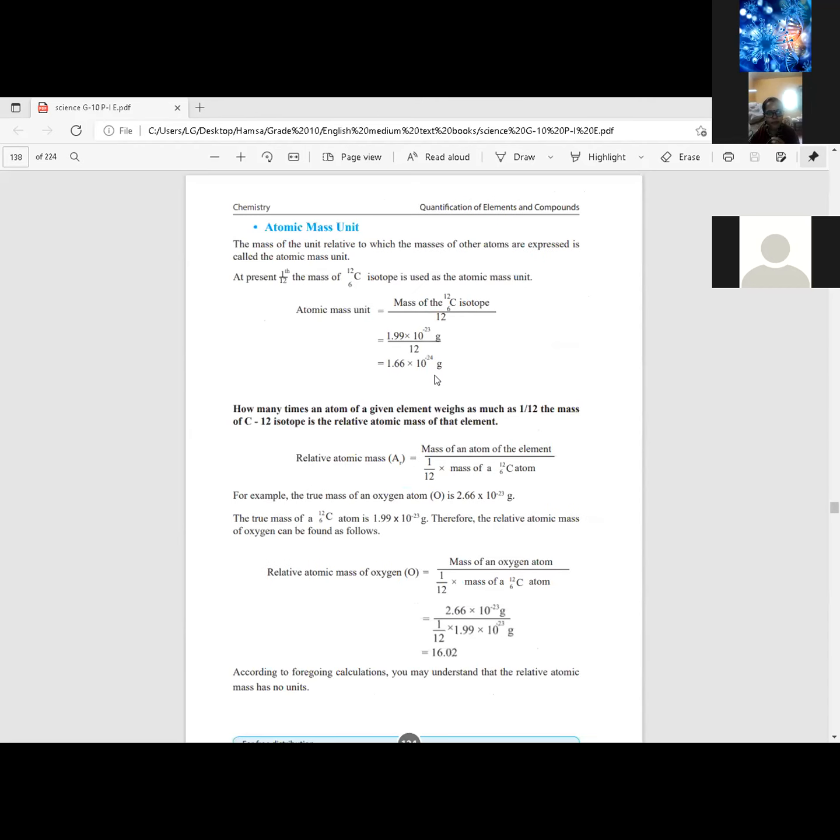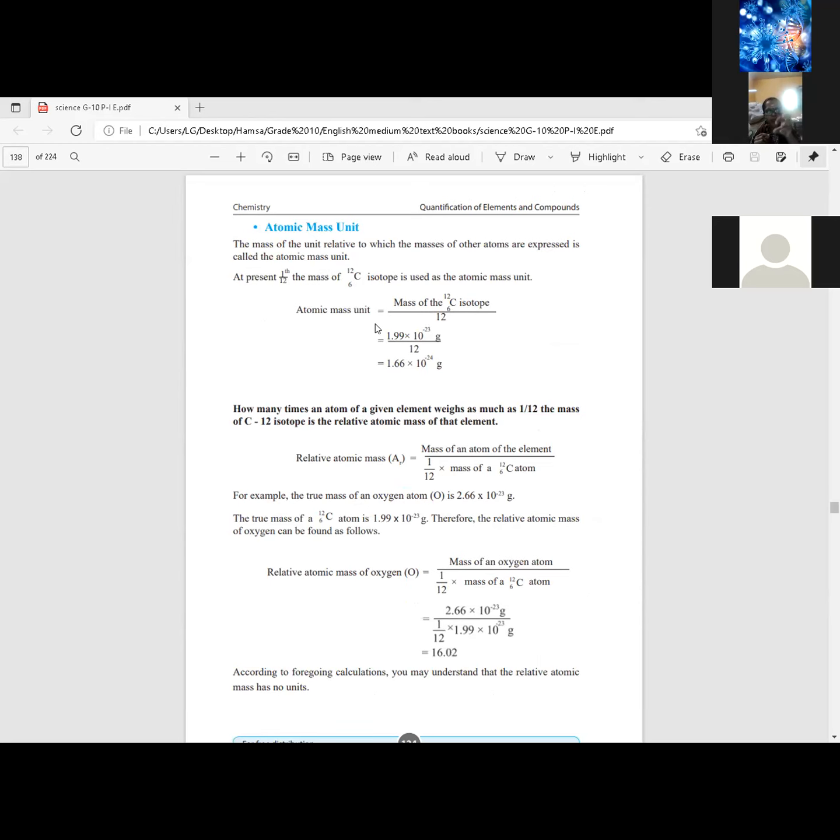Okay. So atomic mass unit means just the mass of an atom. The mass of the unit relative to which the masses of other atoms are expressed is called the atomic mass unit. Unit means one, right?